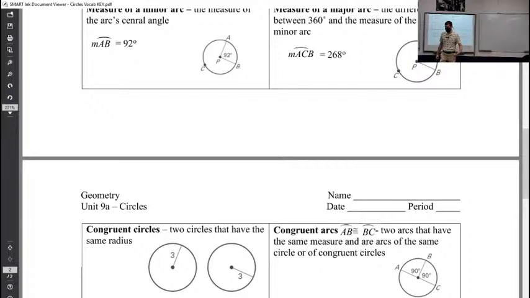So if I talk about congruent circles, well, the only measurement we have in a circle is its radius. We have 2 parts: the center, which doesn't really have a measurement, it's just a point, and then the radius, which does. So as long as 2 circles have the same radius, then they're congruent. If 2 arcs measure the same, then they're congruent arcs.